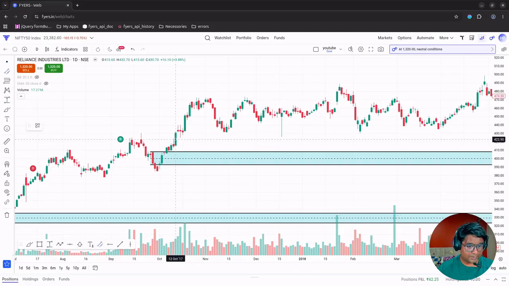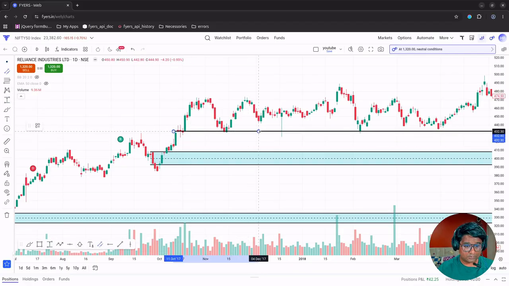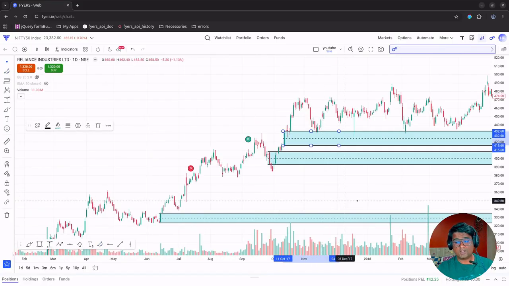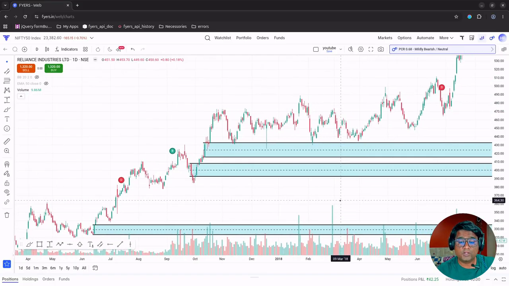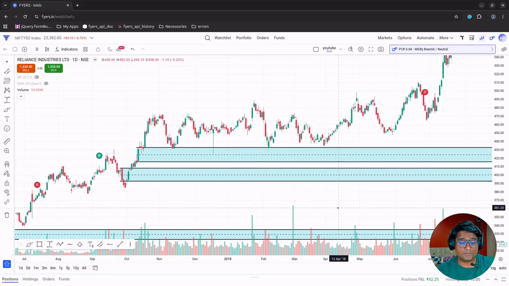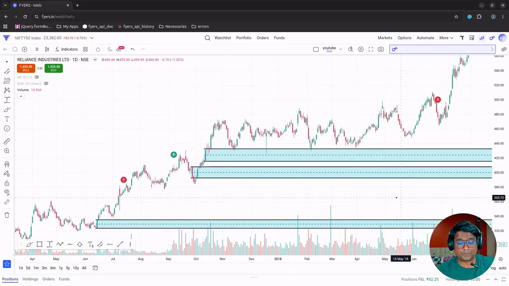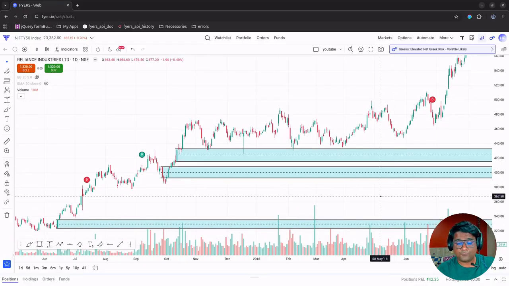See, these singular candles are confirming the demand zone for the future price. So when the price falls, these past demand zones will act as a support.